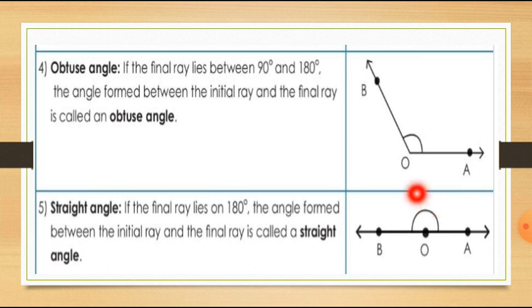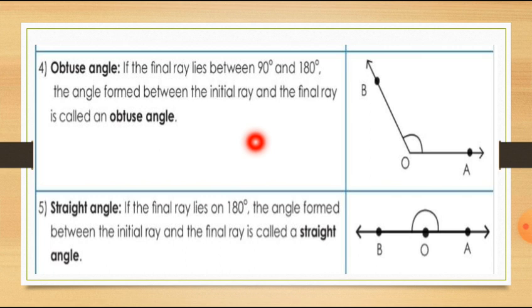So which are the angles we learned? Zero angle. That means zero angle is the angle with measurement 0 degree. And then acute angle. Acute angle is the angle with the measurement less than 90 degree. And right angle, the angle with measurement exactly 90 degree.